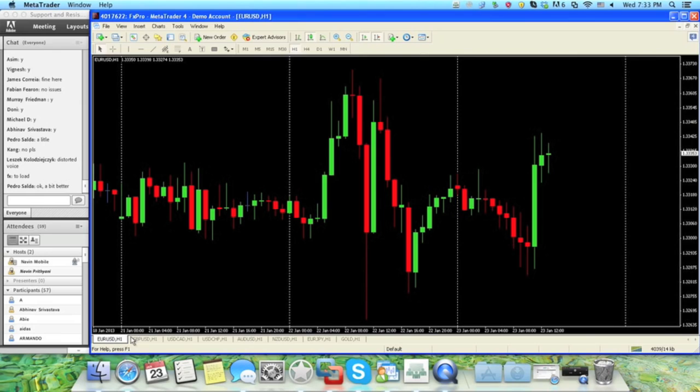Now, how do you draw support and resistance? Here's the good part. How many of you know how to draw support and resistance?